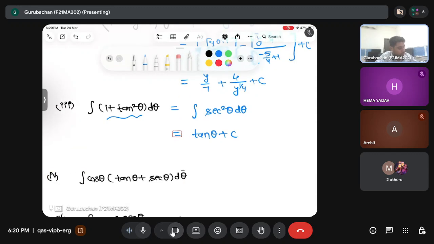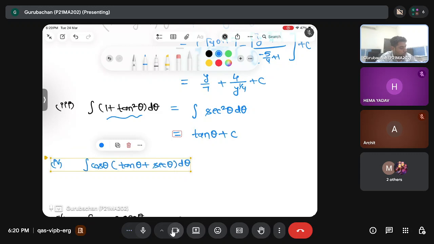Now, in the same way, we have to do this one also. For this one, we first multiply cos theta inside, because we don't know the integration of them separately, although you will get to know in the future classes. So when you multiply cos theta into tan theta, what you will get? Sin theta. In the same way, here you will get 1.